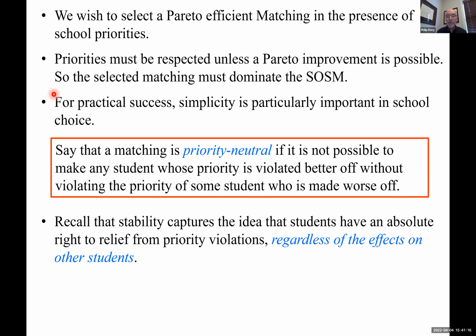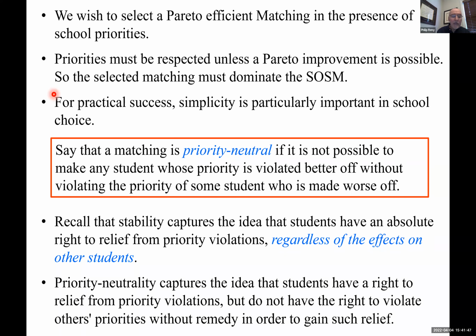And if stability is your solution, then this matching is just off the table. It doesn't satisfy the solution. Implicitly, that's saying that this student has an absolute right to relief from this priority violation. So you have to put her at this school or do something to relieve her from this priority violation, no matter what, regardless of the effects on other students.